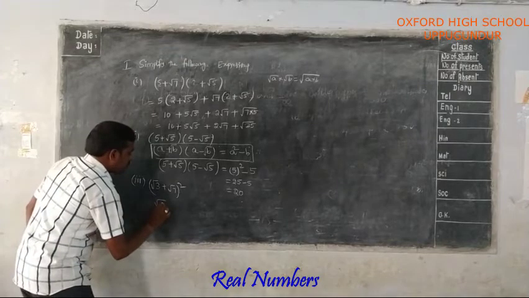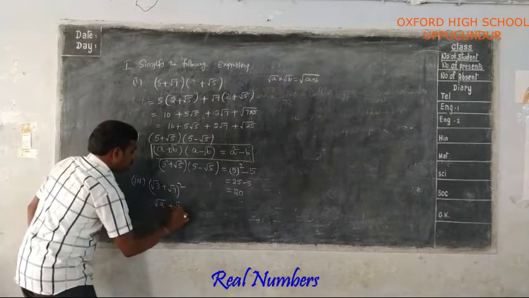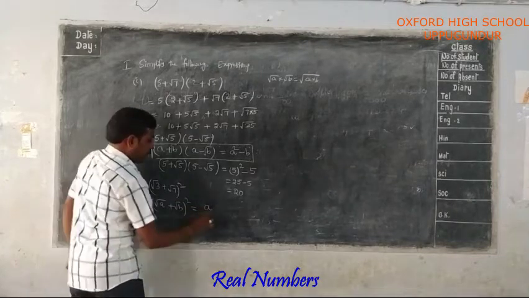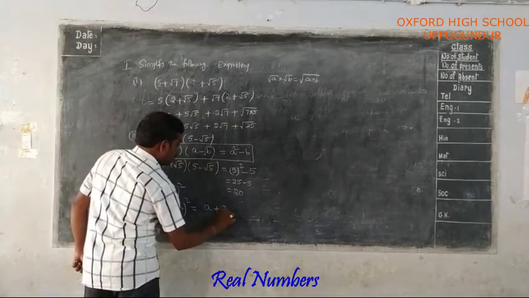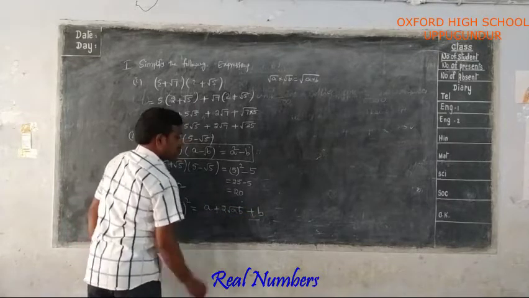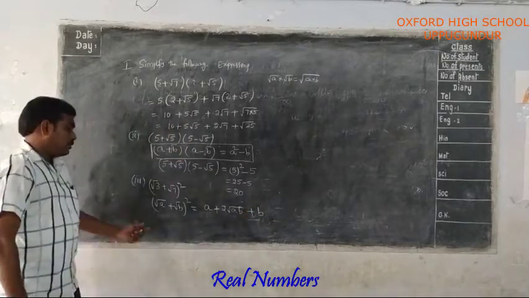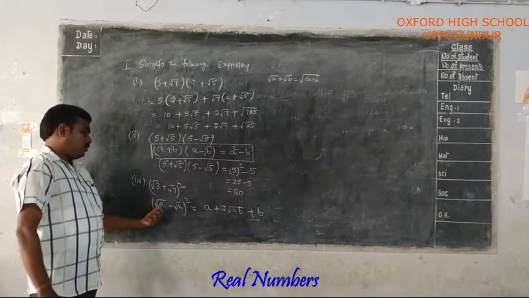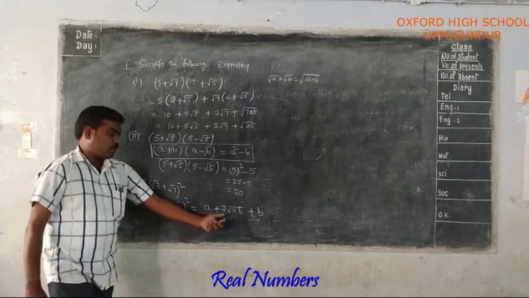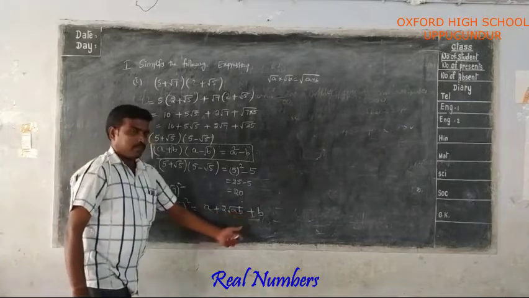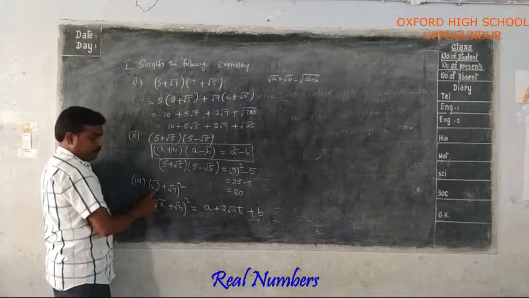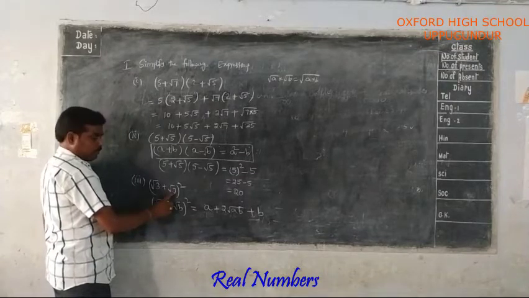What is (√a + √b)²? (√a + √b)² equals a + 2√(ab) + b. So this is the identity. Comparing these two, here the a value is 3 and the b value is 7.